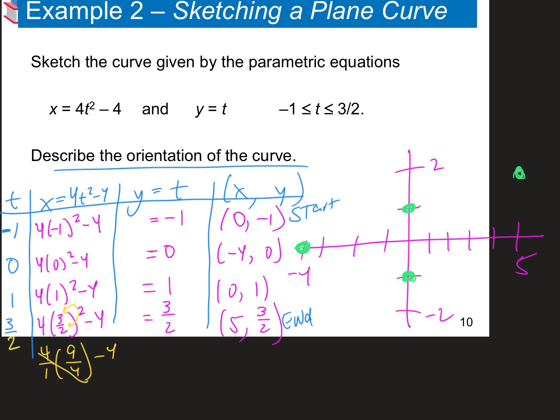So something like that. And then when we connect, what is the orientation? From your starting point, which is here, your ending point is here, what direction are you going? You don't even have to say it, just draw little arrows.